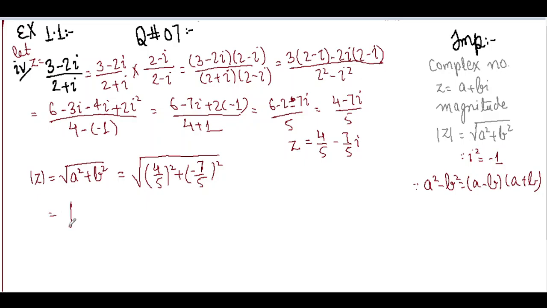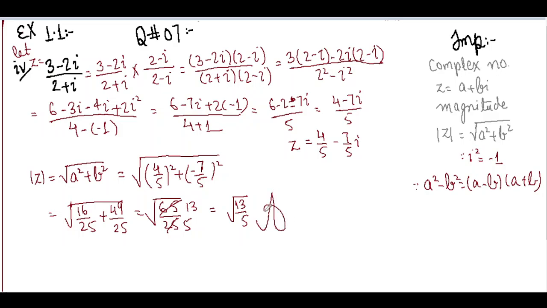It is equal to under root of 16 by 25 plus 49 by 25. It is equal to under root of 65 divided by 25. Now 5 5s are 25, 5 13s are 65, so we get under root 13 by 5 is our answer.